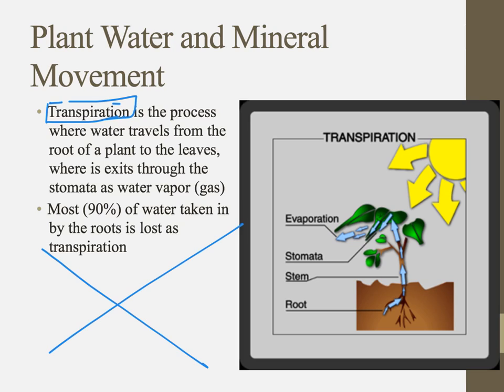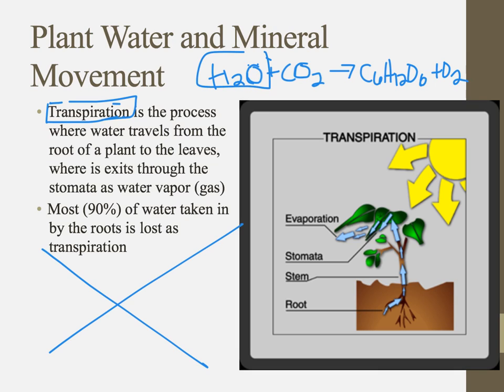This is where water travels from the root of a plant to the leaves, okay, and it exits through the stomata, those holes on the underside of the leaves, as water vapor and gas. So we know that some of the water that plants take in, okay, is consumed through this process of photosynthesis, but 90% of it is actually lost via this process called transpiration.